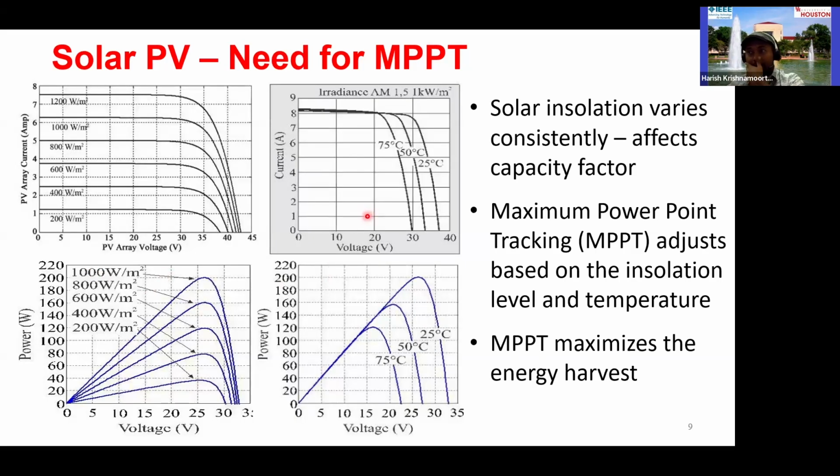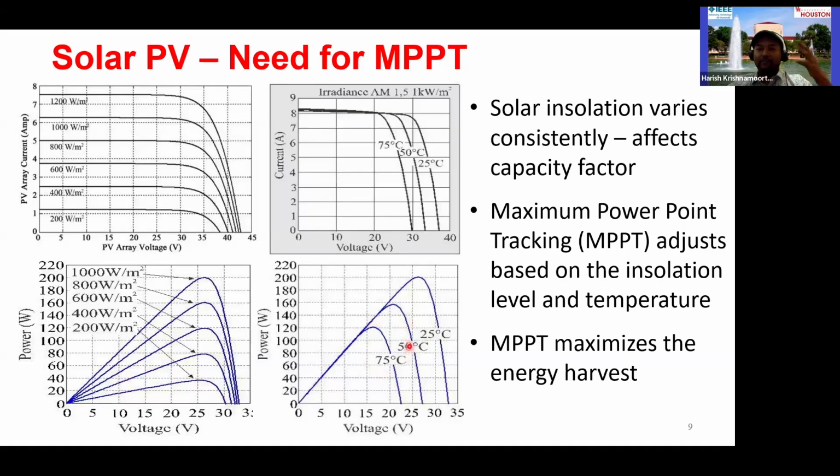Now on the right, again, there is a lot of misconception. Basically, we think that the hotter it is, the better for the panels. But if you notice carefully, the power graph actually shifts to the left as the temperature increases. What it means is that during the summer, even though the insolation may be higher, because there will be more sunlight, once it gets very hot, the PV panels tend to not produce as much energy as they can.